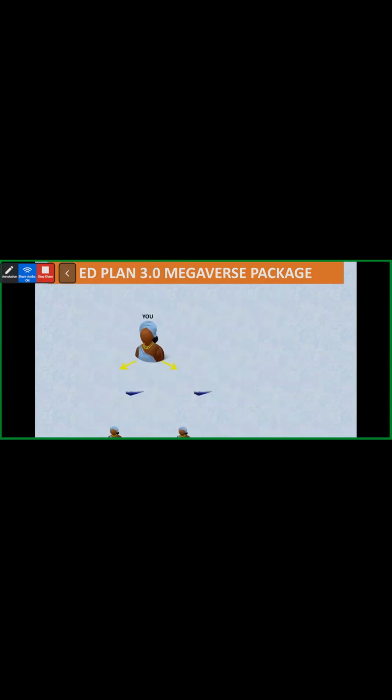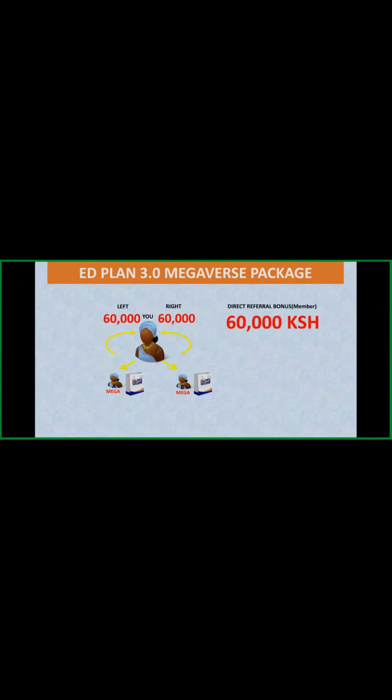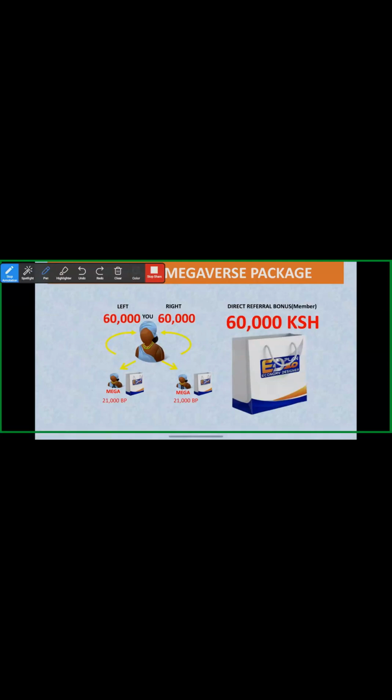If that is you, you connect 2 people, one with the Megaverse, you get 60,000 and 60,000. And the direct referral bonus for the member is 60,000. When you connect someone, you get that 60,000. Then the good thing about this Megaverse package is that it is calculated as 15 people. And on this side too, if you connect someone, it is calculated as 15 people.